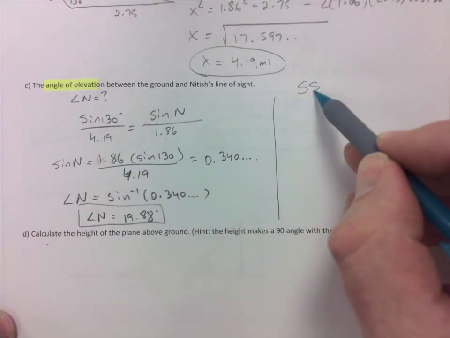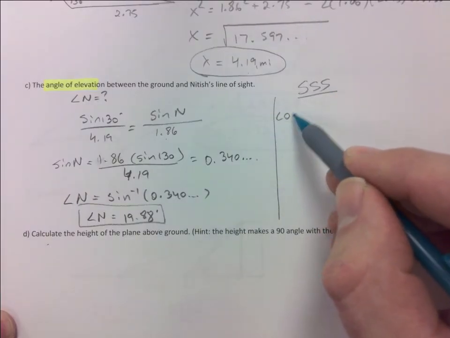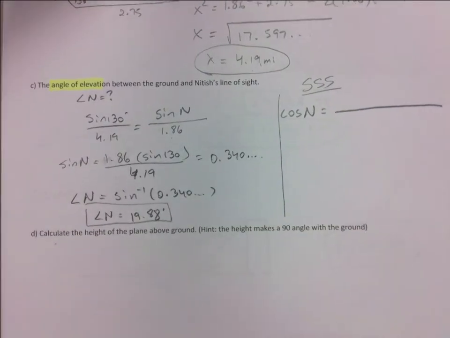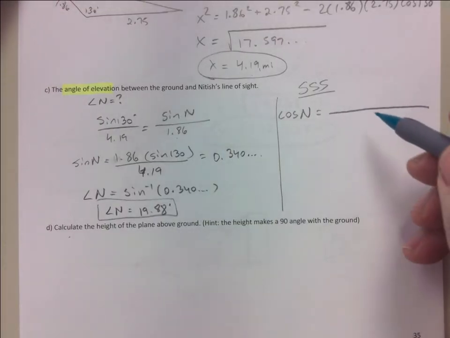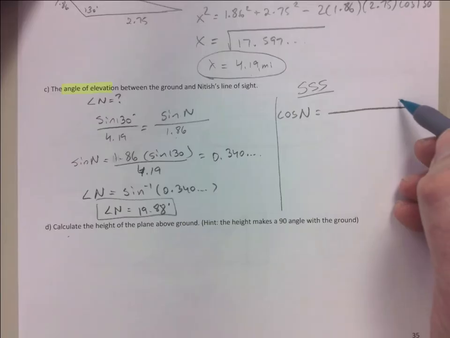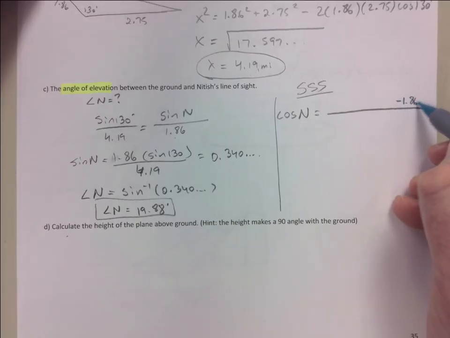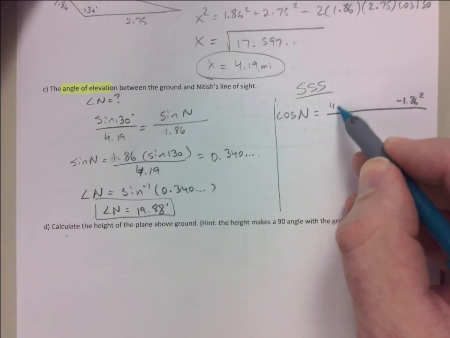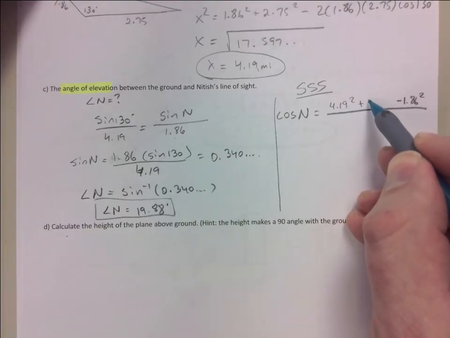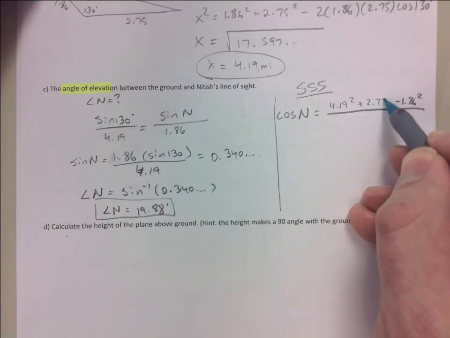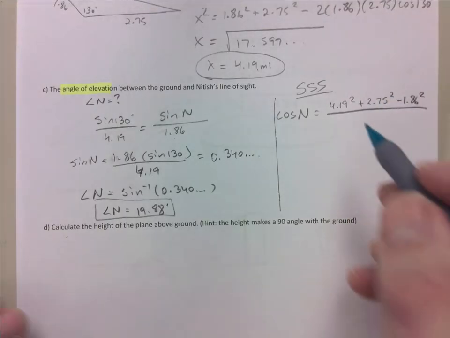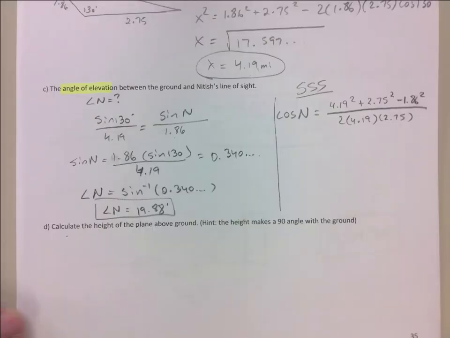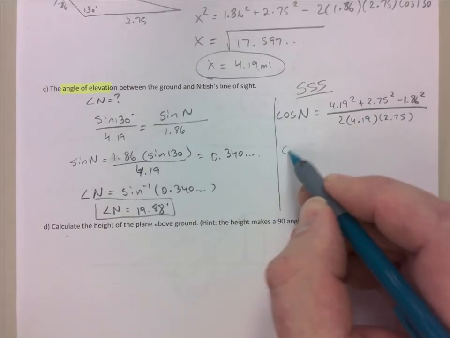We also have a side, side, side. So cosine of n, do this just for practice sake. Cosine of n, we want the side that's across from angle n to show up here. And then the other two sides, in no particular order, you put them here. And that's 2 times 4.19 times 2.75. You do the top, you do the bottom.